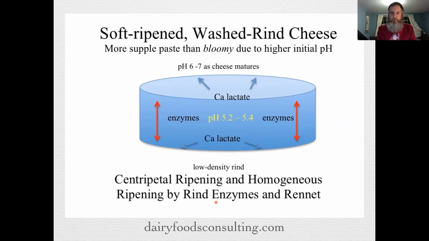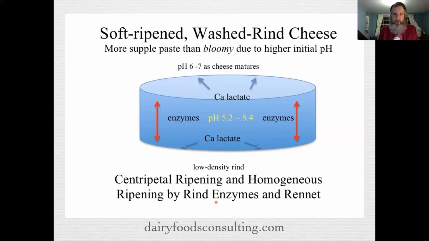They are more stable than the bloomy rind cheeses in that they have a longer shelf life. So rather than expiring by the time they reach 60 days, they are just maybe getting interesting at 60 days, getting very strong, but they've still got a month or more to go before they would be expiring.